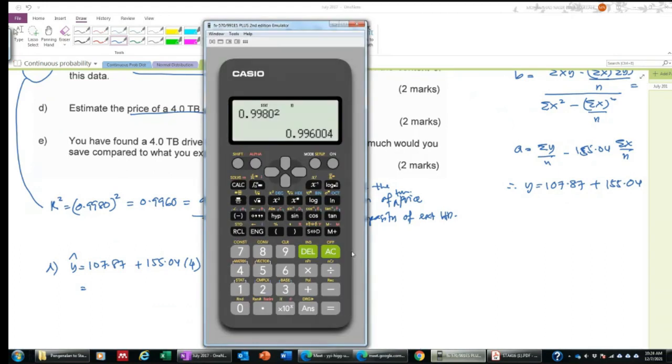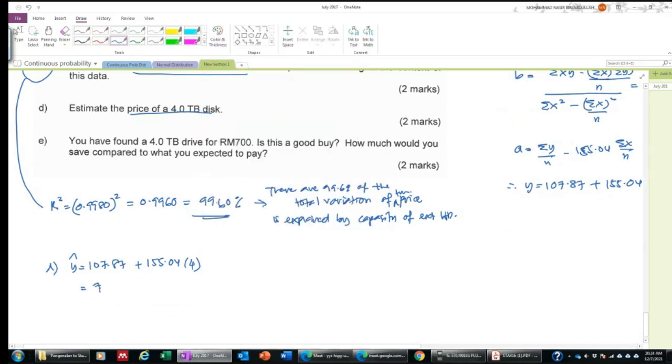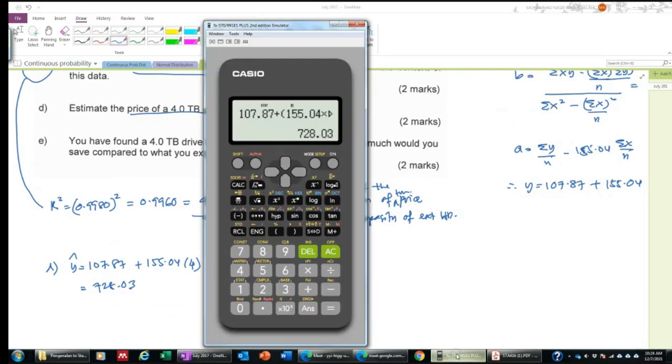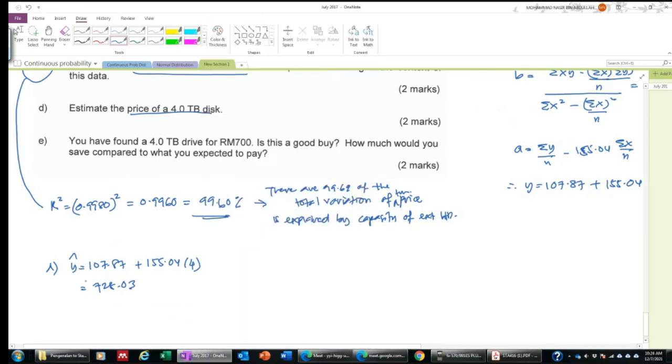So we just input into the calculator: 107.87 plus 155.04 multiplied with 4. So it should be 728.03, is it? Yeah, very simple.